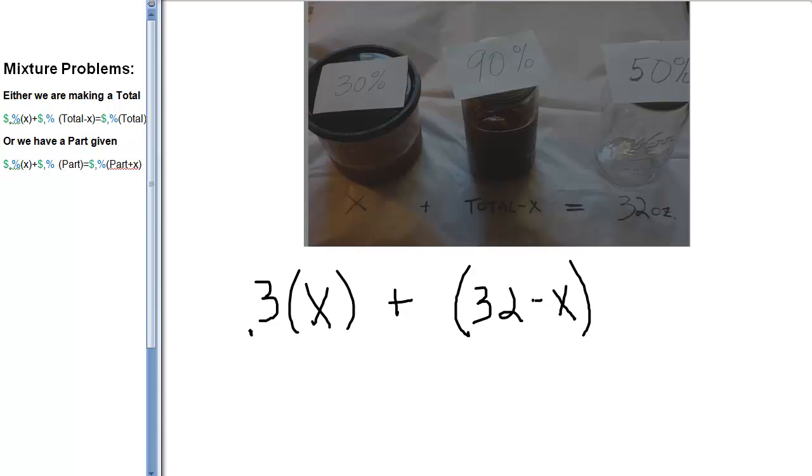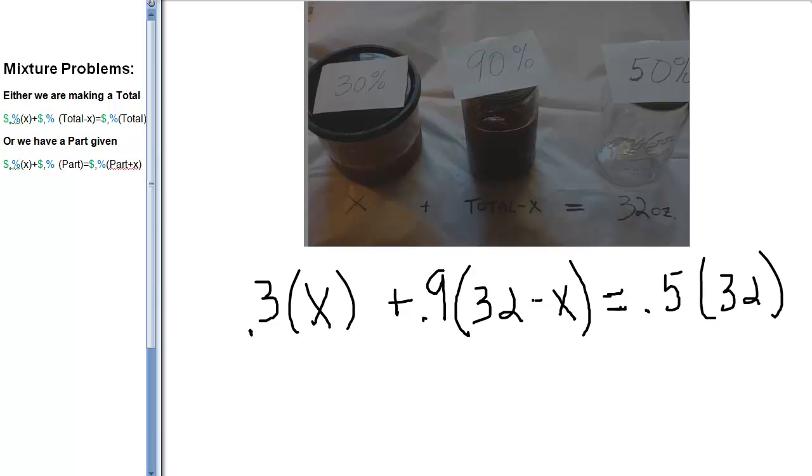This has to be an exact amount, though, if we want to make 50%. This amount is of the 90%, or the hot stuff. And again, our goal is to make medium hot, 50%, 32 ounces.